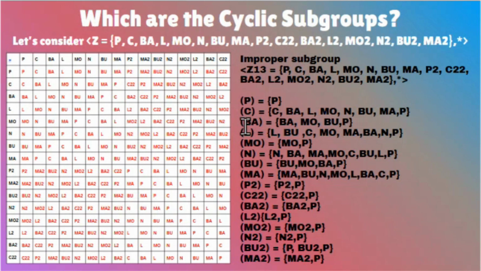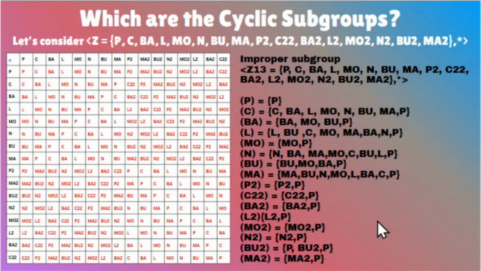BA star BA is equal to MO. So MO star BA is equal to BU. Then BU star BA is equal to P. Going to stop. Next. So we're going to continue this for our remaining elements.